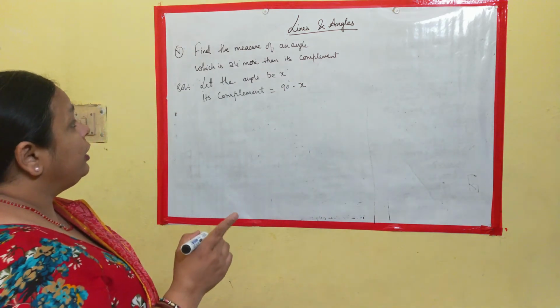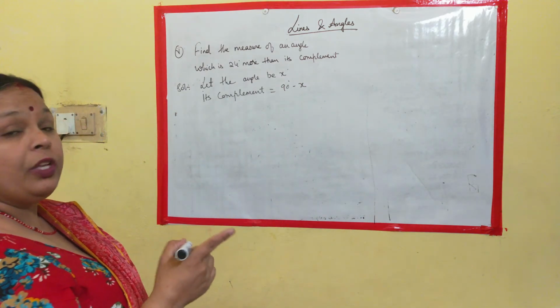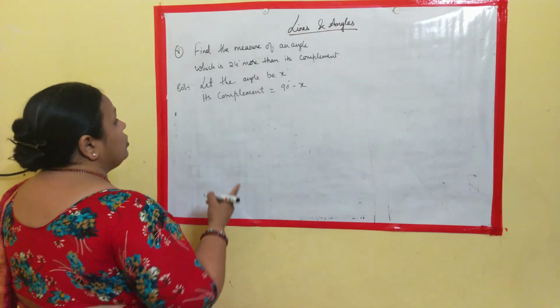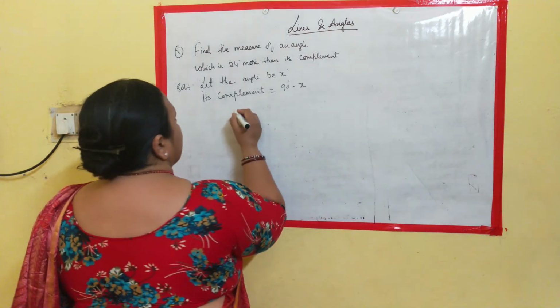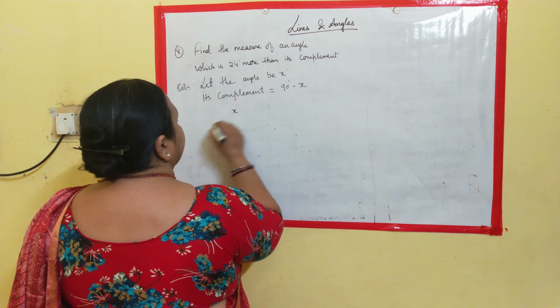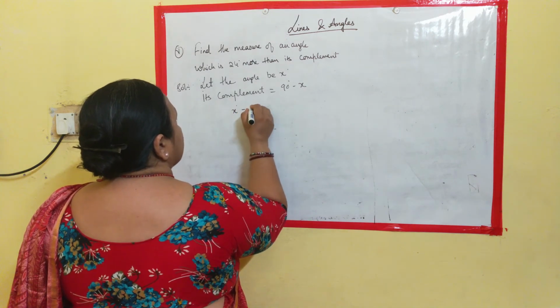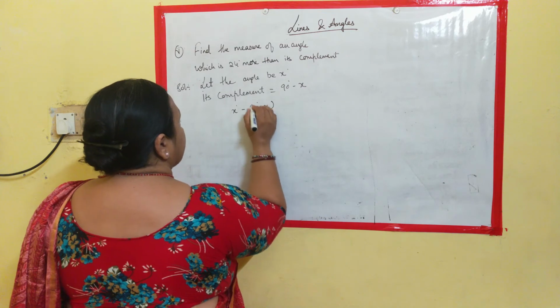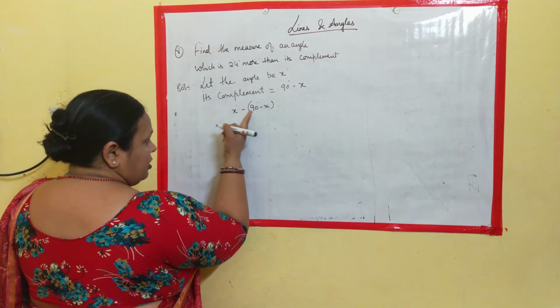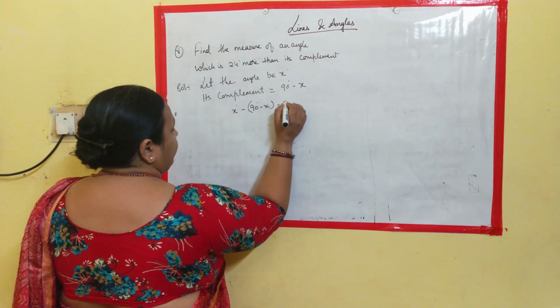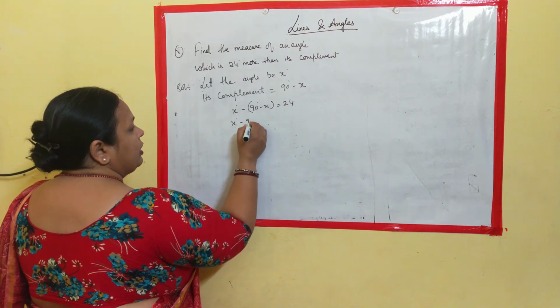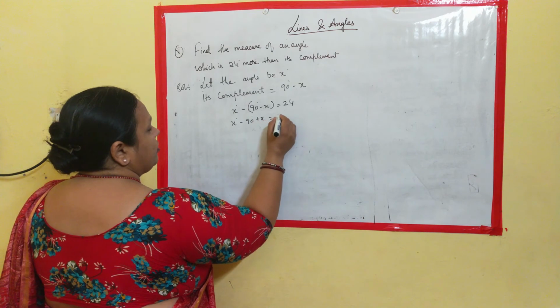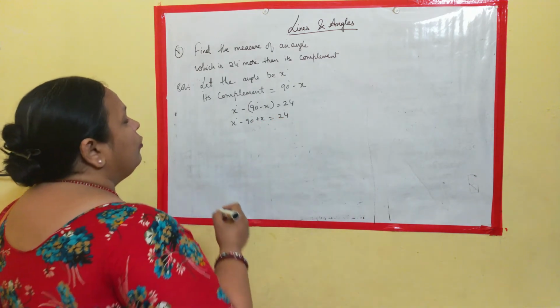So 24 more than its complement goes as x minus (90 minus x), means the angle is 24 more than its complement. Clear?